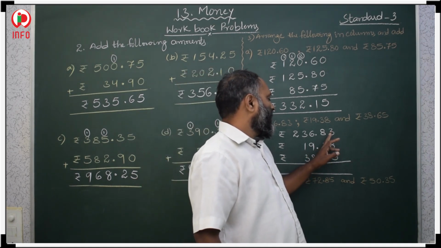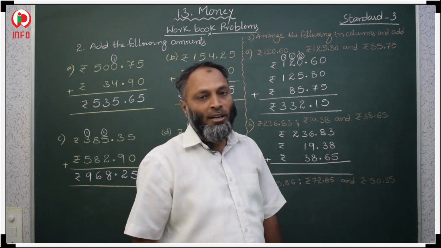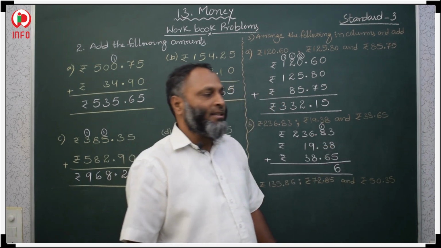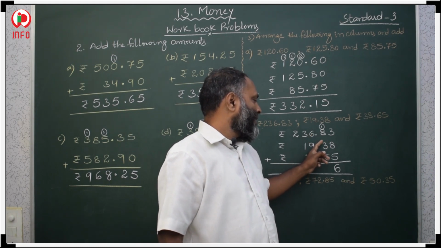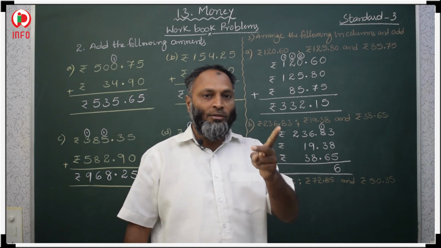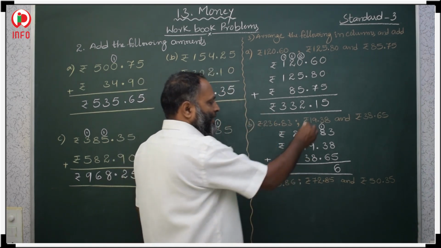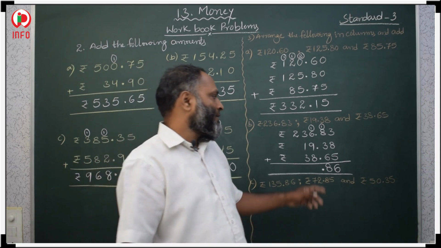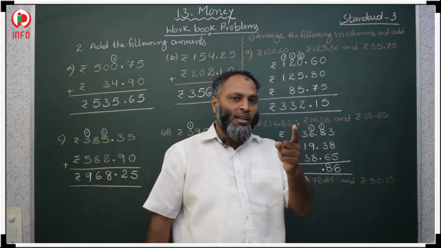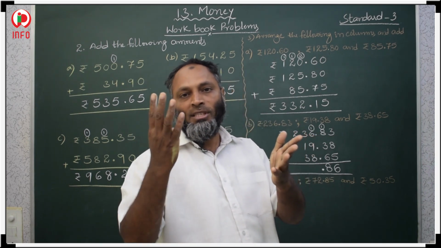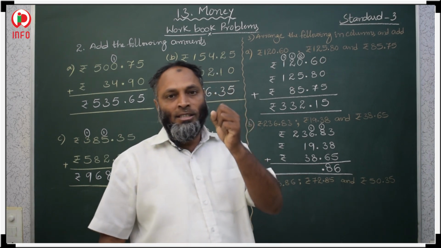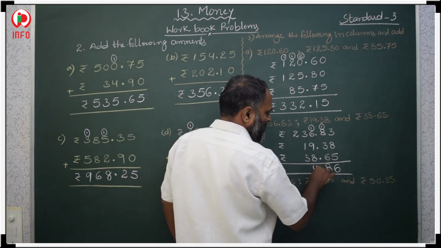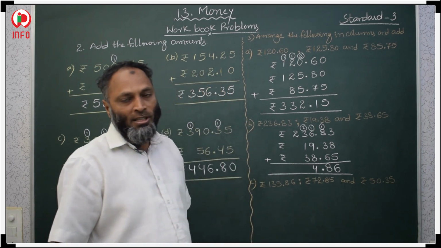Okay. So 3 plus 8, 11. 11 plus 5, 16. 6 in the ones place of the paise, and 1 we take as carry over to the tens place of the paise. 8 plus 1, 9. 9 plus 3, 10, 11, 12. 12 plus 6, 13, 14, 15, 16, 17, 18. 18 means 8 in the tens place of the paise, and 1 we take as carry over to the next digit in rupees, that is ones. 6 plus 1, 7. 7 plus 9, 8, 9, 10, 11, 12, 13, 14, 15, 16. 16 plus 8, 17, 18, 19, 20, 21, 22, 23, 24. 24 means 4 in the ones place of the rupees, and 2 we take as carry over to the tens place of the rupees.